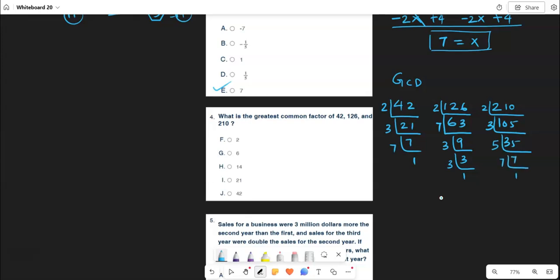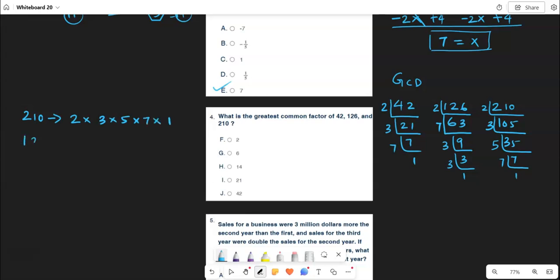So basically what you need to do is write all these numbers as a product of the prime factors. First I'm writing 210 as 2, 3, 5, 7, 1.